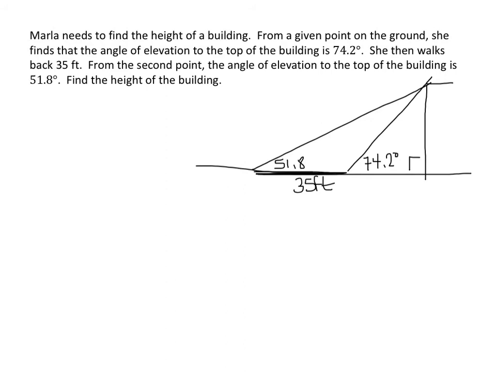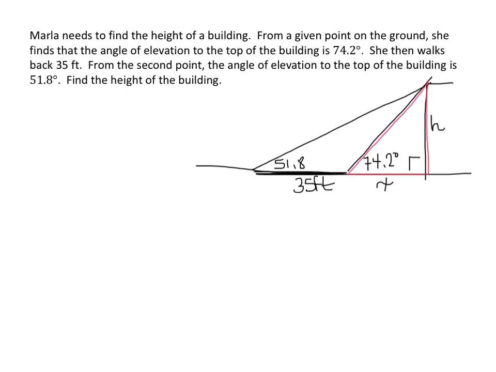We don't have the distance from the building to her first line of sight, so we just name it X. And what we can do is solve the trig ratios using X in order to find the height of the building, which I will call H. So the first thing that I will do is use this right triangle.